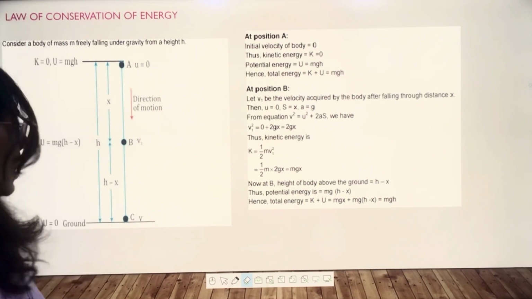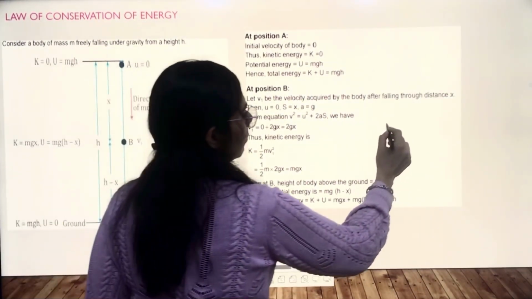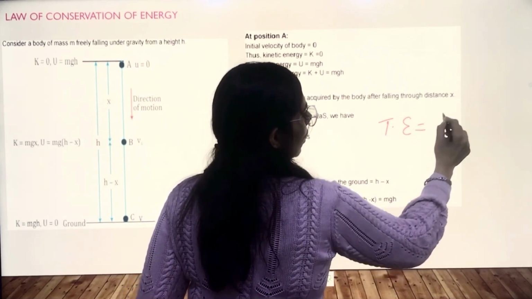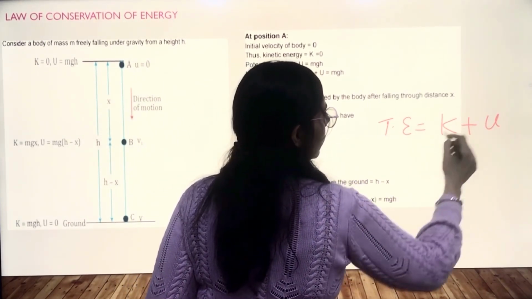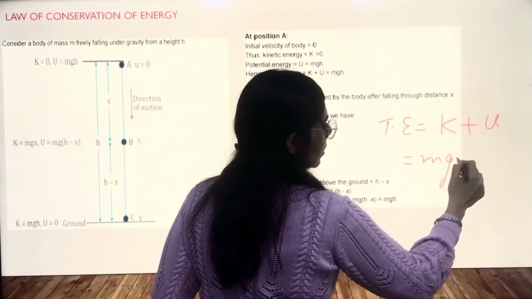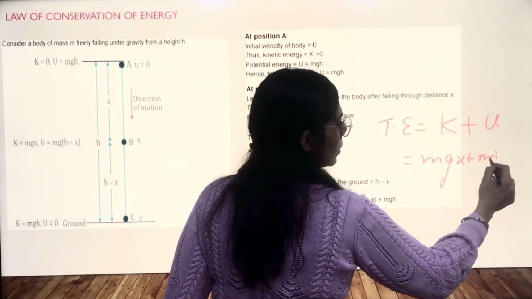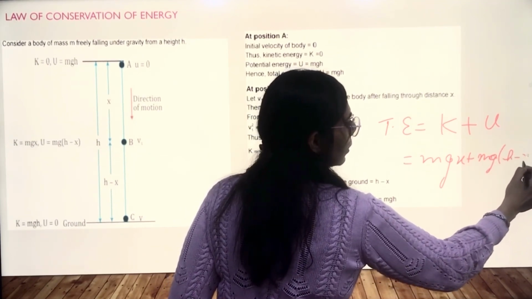Now total energy, as we have calculated, is kinetic energy plus potential energy. Kinetic energy we have calculated as mgx, and potential energy is mg(h minus x).